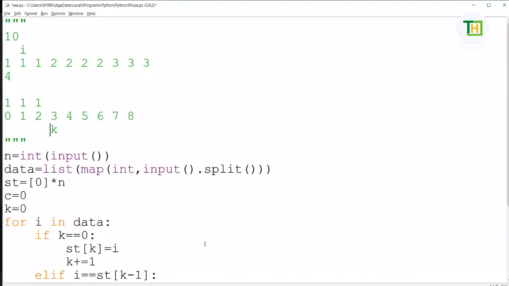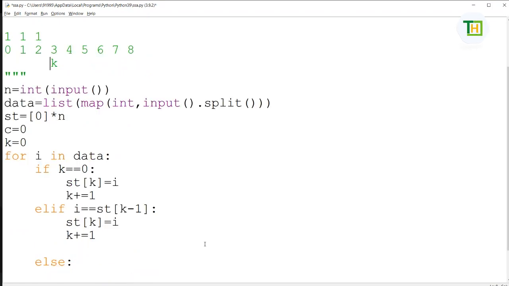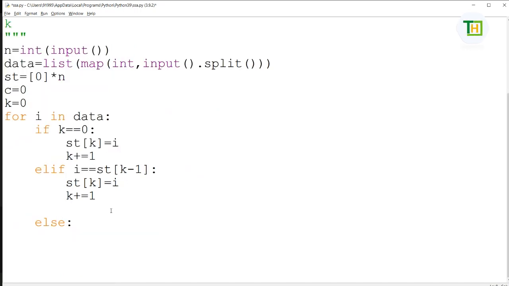If it is 2, then 1 and 2 are not equal. Then what do I have to do? I have to modify the k value to 0, and I have to insert there only. Then I'm going to write here k becomes 0, and st of k is equal to I. I'm going to modify like this.